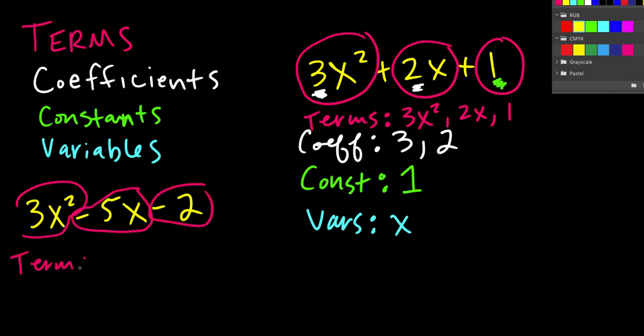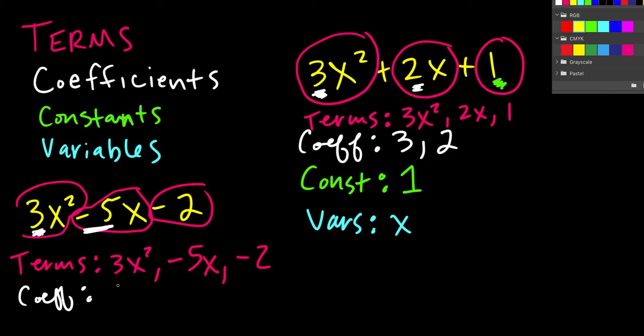Once again, when we're talking about terms, if there's a negative sign, that is a part of the term. Okay. Now coefficients, once again, it's numbers that are attached to variables, and we want to include the negative sign. So coefficients are going to be 3 and negative 5.